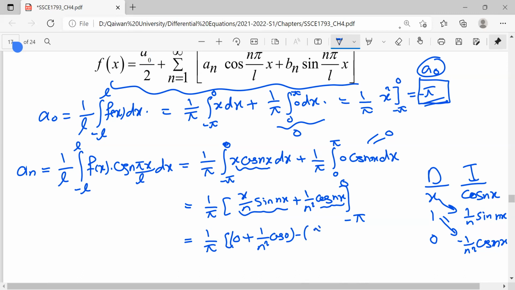We get minus pi over n sine minus n pi, plus 1 over n squared cosine minus n pi.